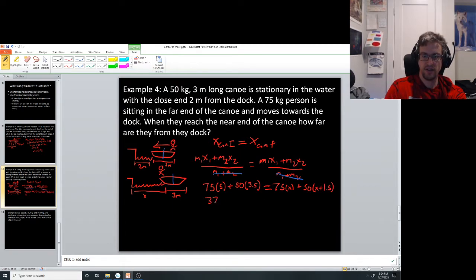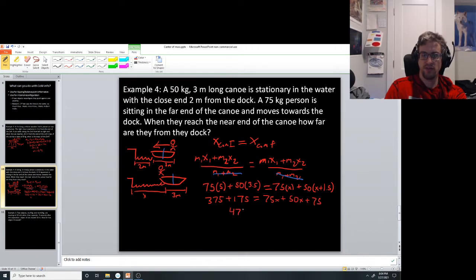This is 375 plus 175 is equal to 75x plus 50x plus 75.